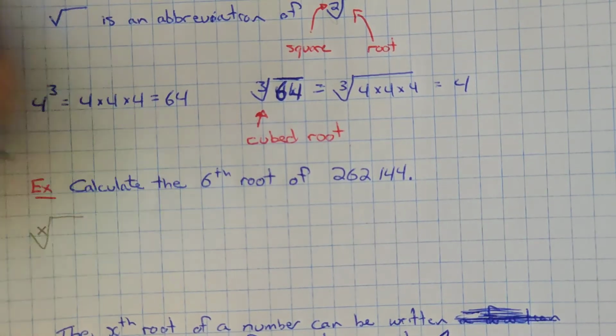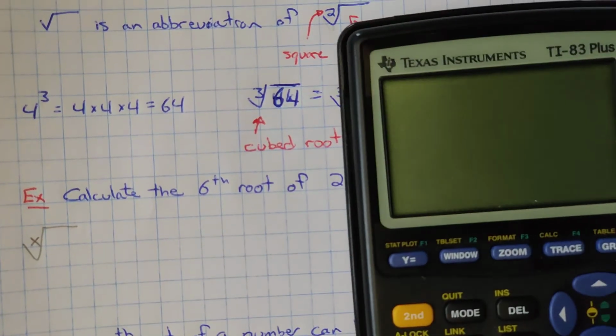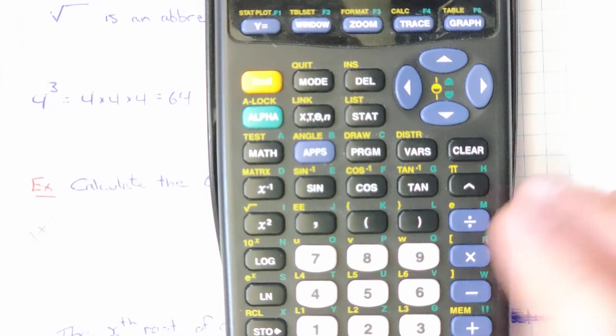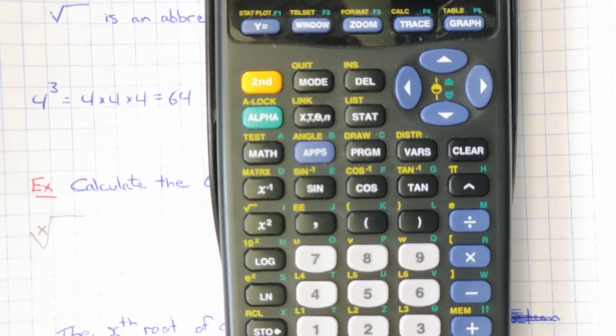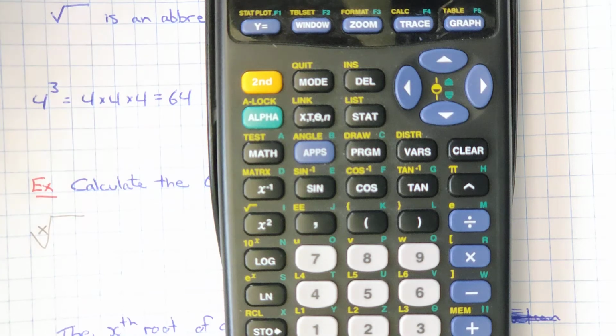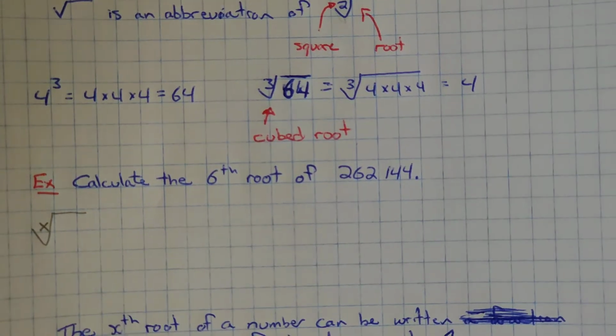You might have this button on your calculator, but not all calculators do. I mean, I have this nice fancy graphing calculator. It doesn't have a button for doing anything but a square root. So there's got to be another way to do them, and there is.